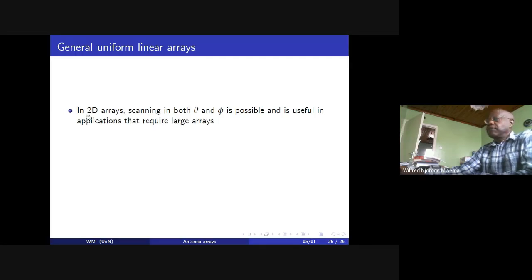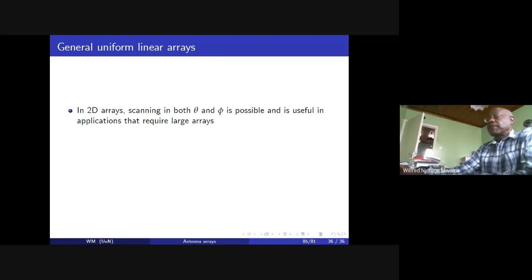Before the advent of the phased arrays, you needed to physically rotate the antenna, and if you went to airports in earlier years, you'd see a big rotating radar antenna on top of the buildings, and it would be mechanically rotated so that it could point at different regions of the sky.